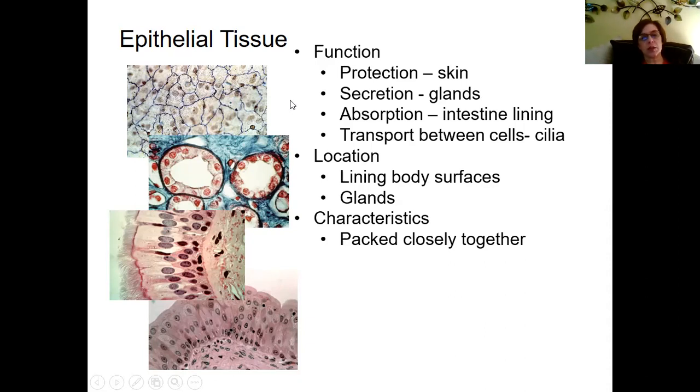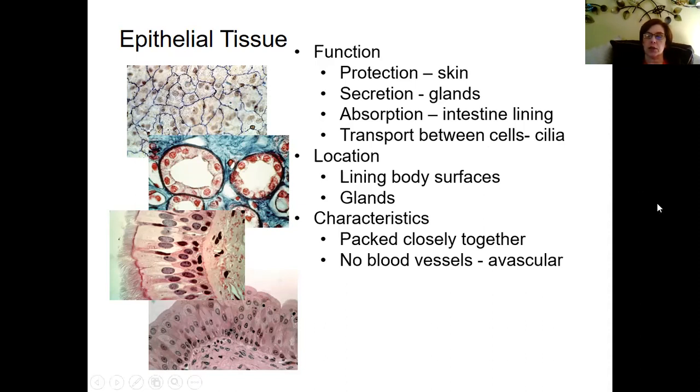The second characteristic of epithelial tissue, there are no blood vessels, none. We call that avascular. If you remember, you've had the prefix a, in both biology, if you had biology with me, and in anatomy, and it means without.